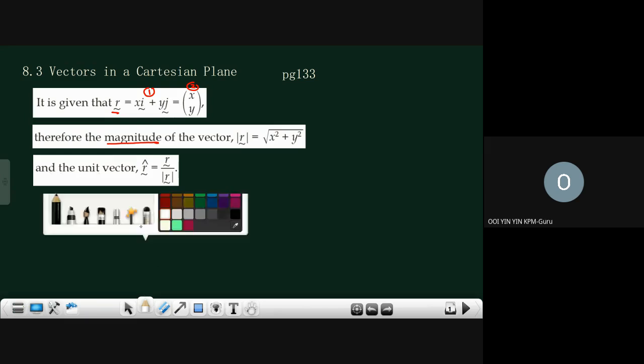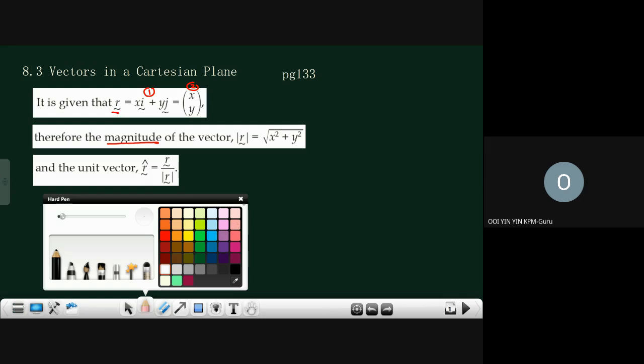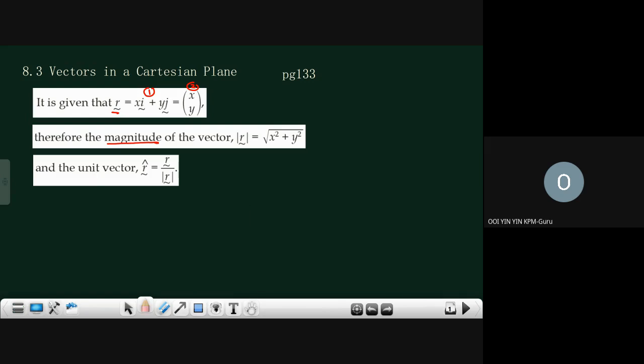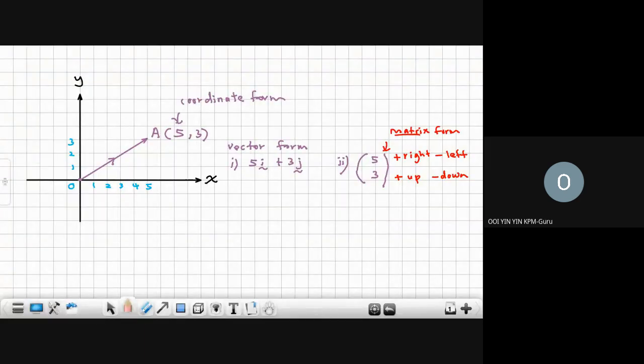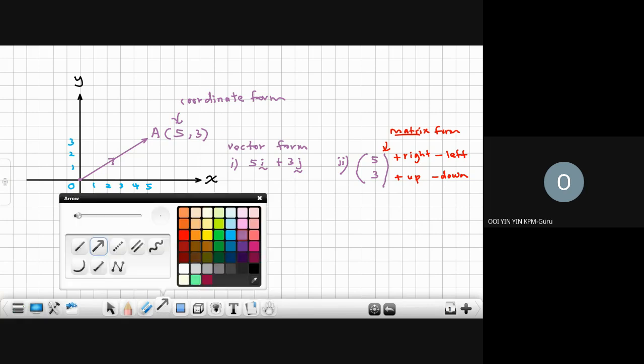One more thing here, I think you haven't heard it before. It's called unit vector. What is meant by unit vector? Let's say like this, you have a vector.